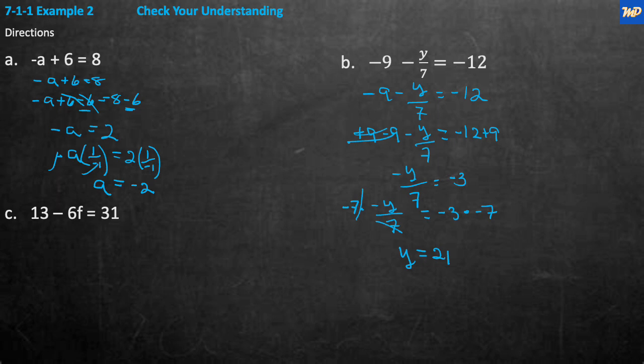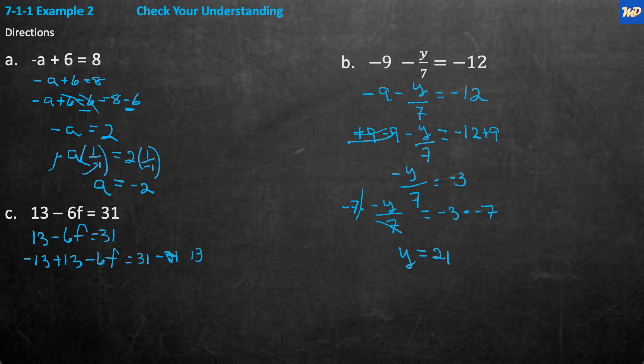And over here for C, we have 13 minus 6f equals 31. So we need to get rid of the 13. So we're going to subtract 13 from both sides. So it's minus 13 plus 13 minus 6f is equal to 31 minus 13.